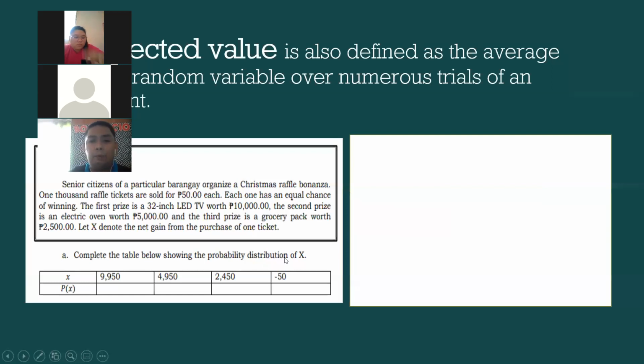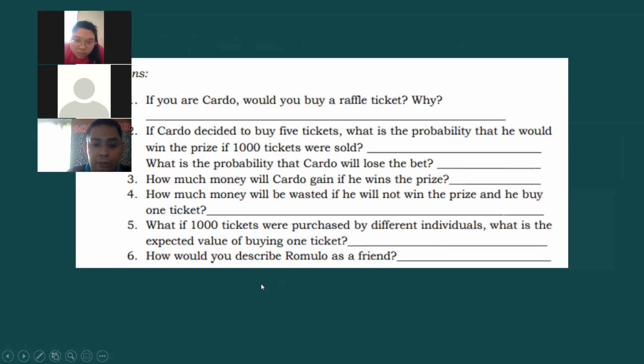Okay? So complete the table para malaman natin yung kanyang expected value. Balik lang tayo dito sa sitwasyong ito. Ang kailangan nating malaman ay, ano yung dalawang sitwasyon natin? Ang unang sitwasyon natin ay kikita tayo ng 14,500 at yung isa namang sitwasyon ay malulugi tayo ng negative 500.